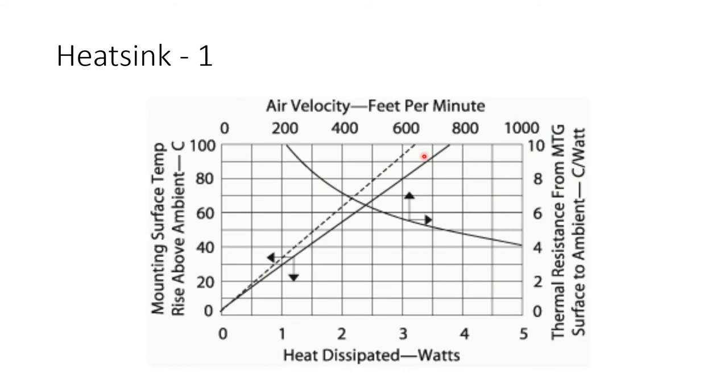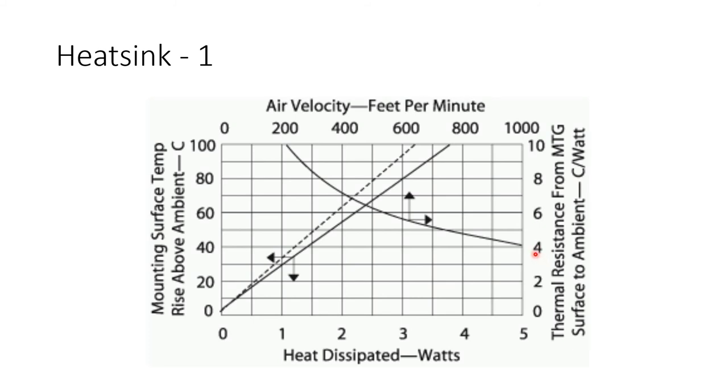The second part of the graph gives the air velocity versus thermal resistance, but we don't know the air velocity, because we are not applying any airflow in our system for now; we are using natural cooling.